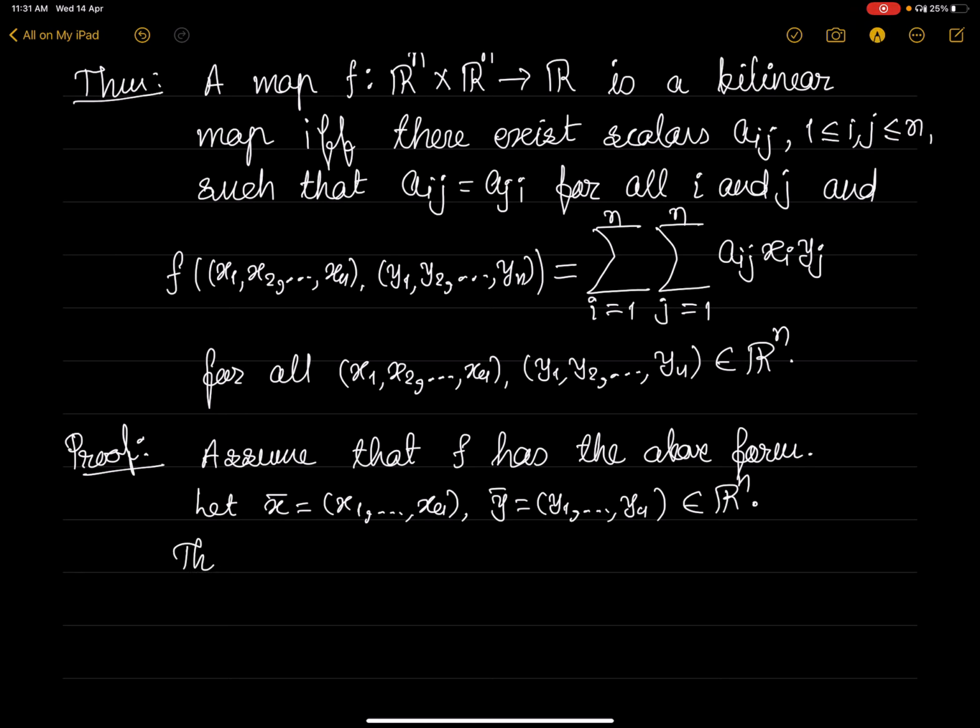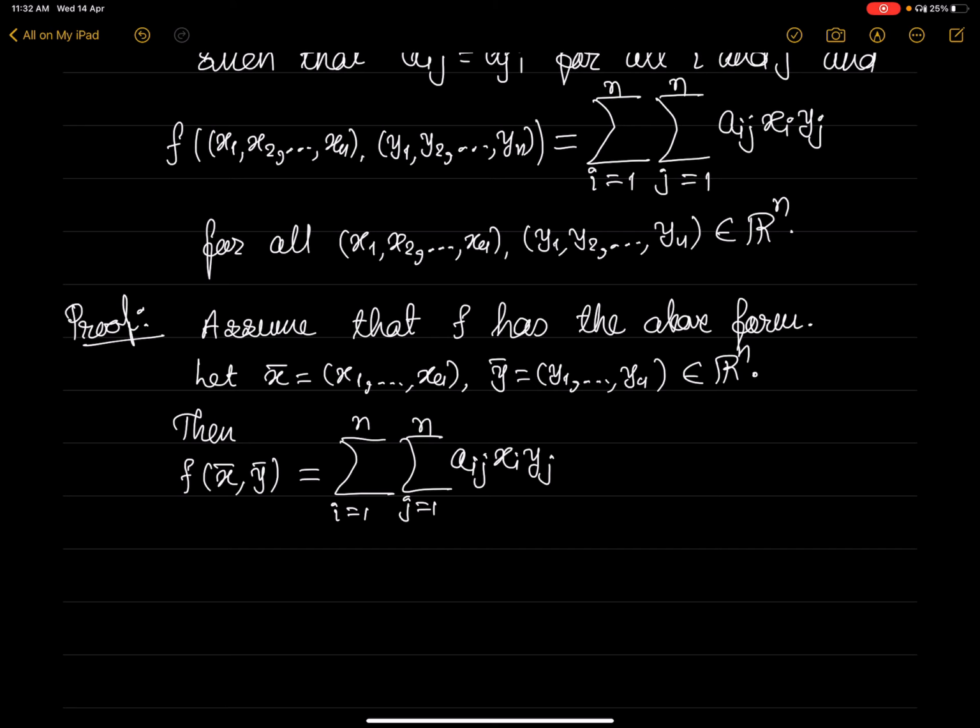Then f of x bar, y bar, that is by definition summation i from 1 to n, summation j from 1 to n, aij xi yj. But it is known to us that aij is the same as aji, and because it's a finite sum, taken in any order it is going to give us the same sum.